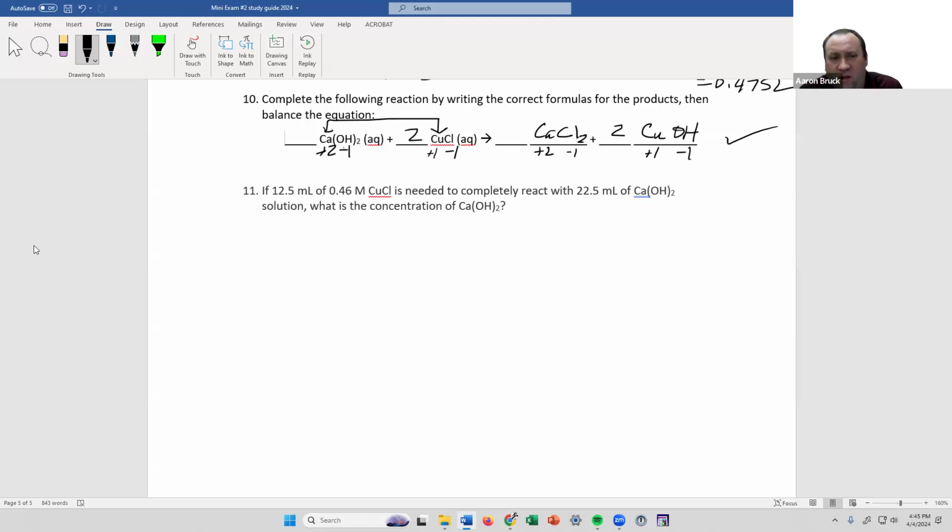If 12.5 milliliters of 0.46 molar copper(I) chloride is needed to completely react with 22.5 milliliters of calcium hydroxide, what is the concentration of the calcium hydroxide solution? This is where we need that titration equation. M1V1 over N1 equals M2V2 over N2.